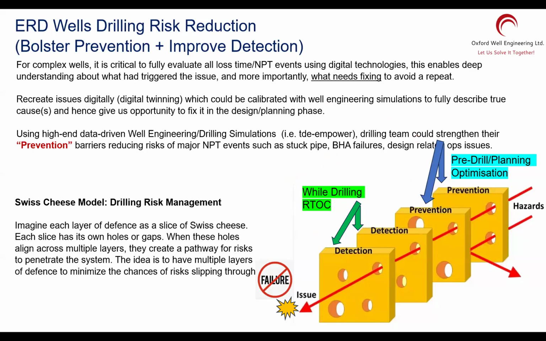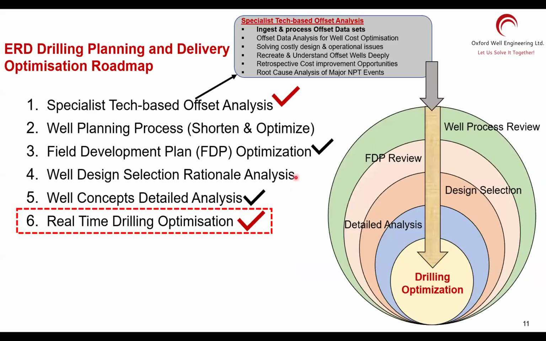Okay. So I will take you through the ERD roadmap, which I think works for any complex well. If you have any complex well, you can use the same roadmap. In that roadmap, it is showing you that you have to do the digital analysis to start.